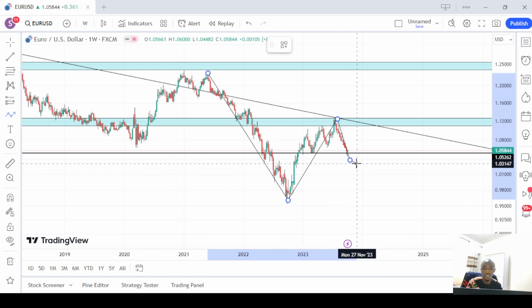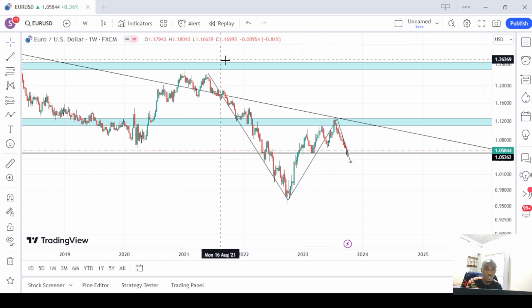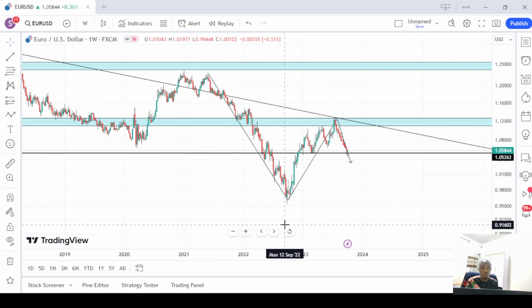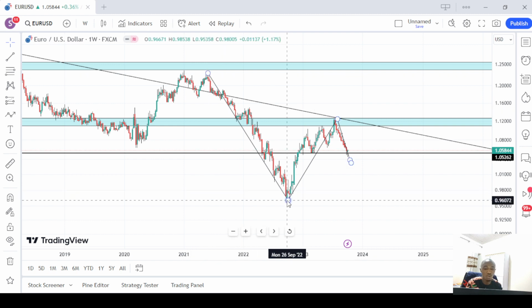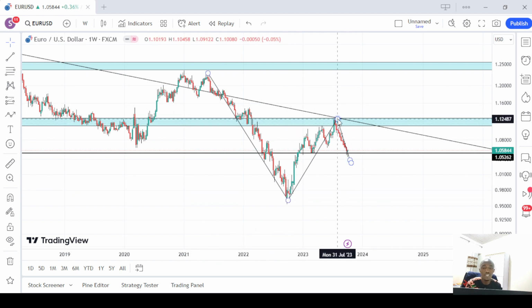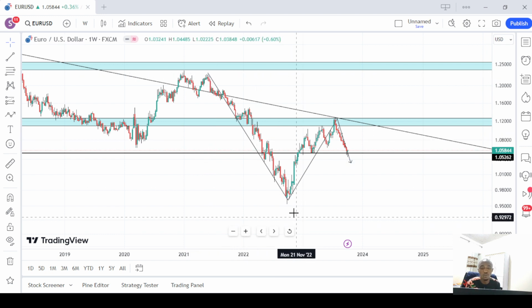You can see that this is just a move on the higher time frame from here to here. It's one move. We see it as just a movement, and that's how we prefer to trade, from moves to moves.